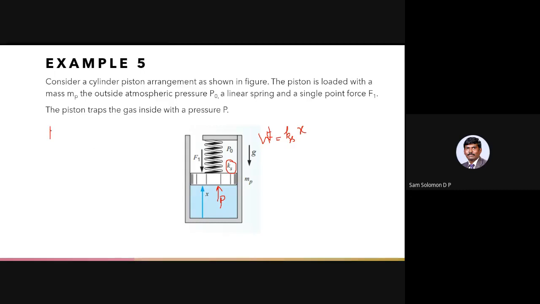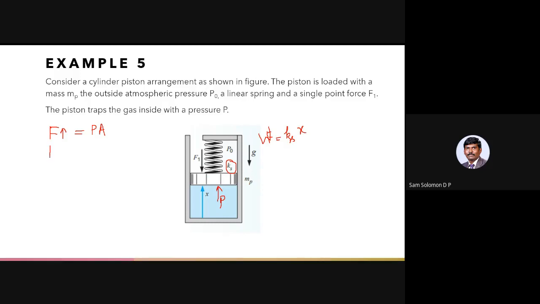If you talk about the force that is acting in the upward direction, there is only one force acting, which is the pressure exerted by the gas inside the cylinder on the piston. If we are calling it force, then this will be pressure into area of the piston. That is the only upward force acting on this piston.